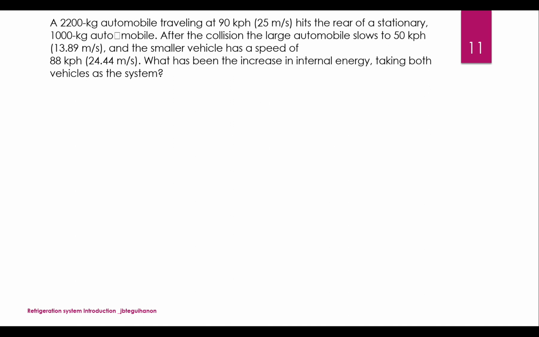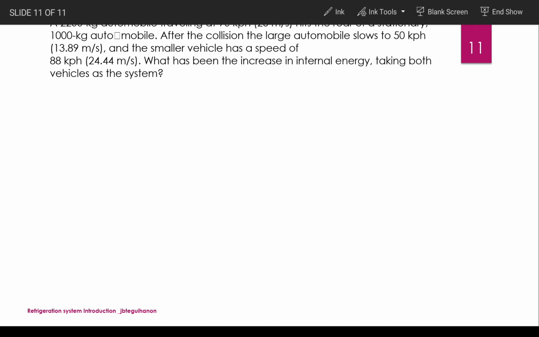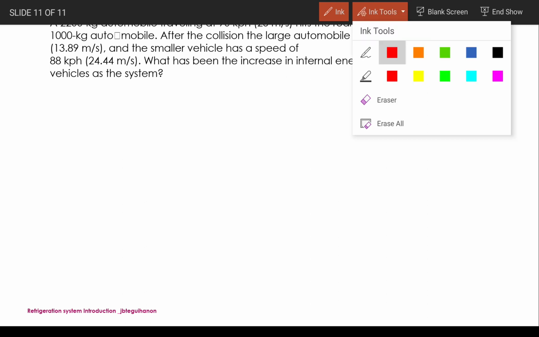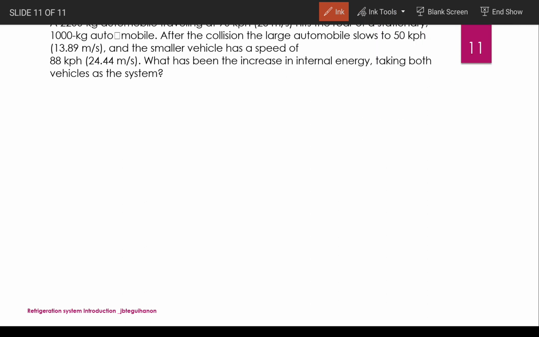Okay, what is the internal energy? So let's solve this. What you do if you have this question, the first thing that you are going to do is, of course, internal energy is related to kinetic energy. So you have to solve first the kinetic energy.